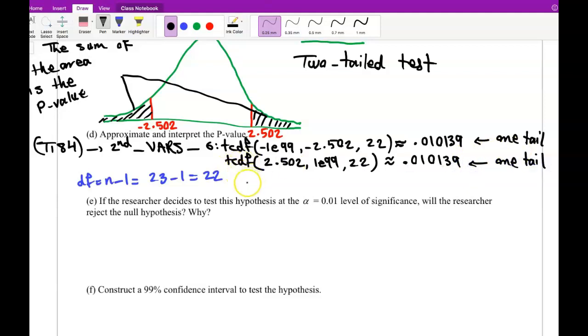Then the next step to find the final answer for this part is 2 times what you got here, which is 0.010139. Since I rounded that part, again I'm using is not exactly equal to, so the answer is 0.0203.